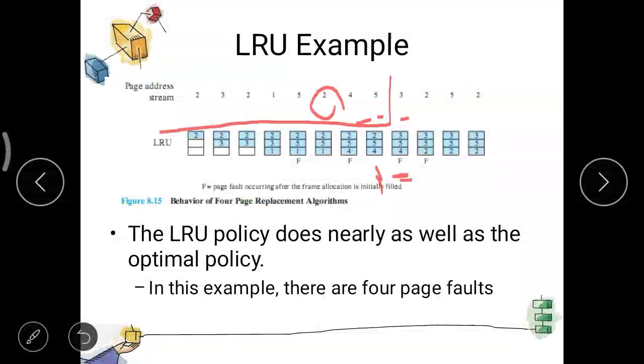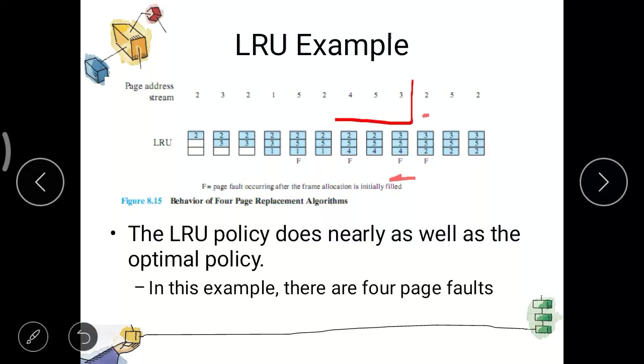Then next, number 2. Again the page fault occurs, as after this page fault, page number 2 is immediately requested by the CPU. So 3, 5, 4 does not contain 2, a page fault occurs.